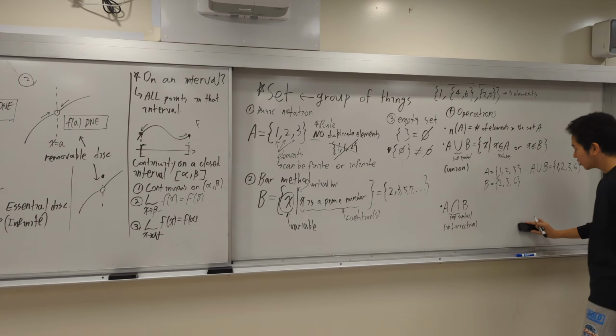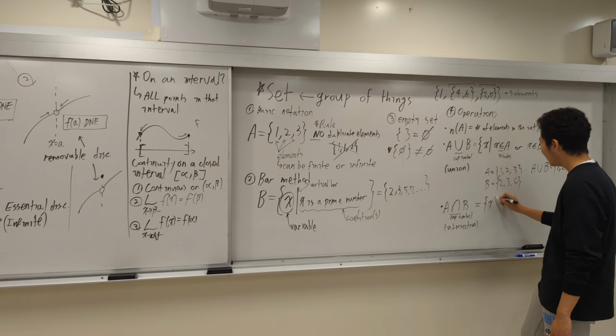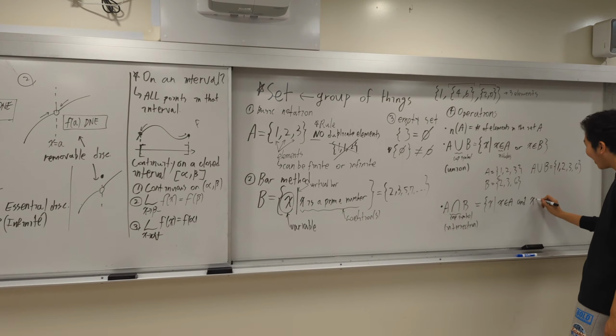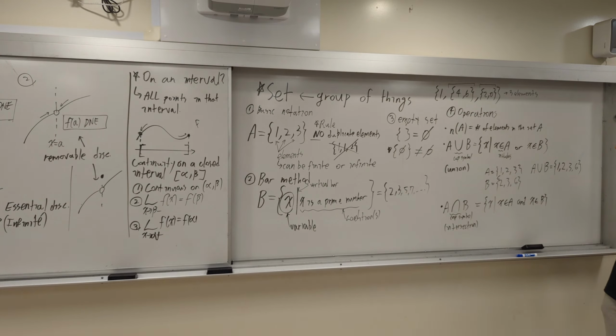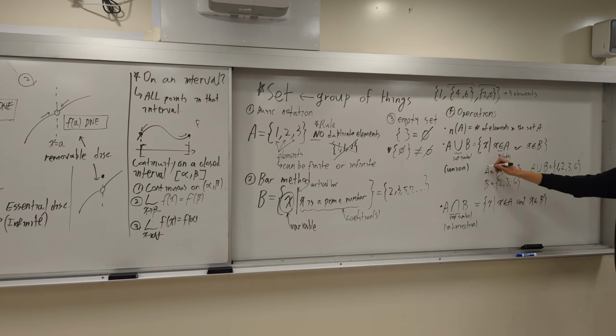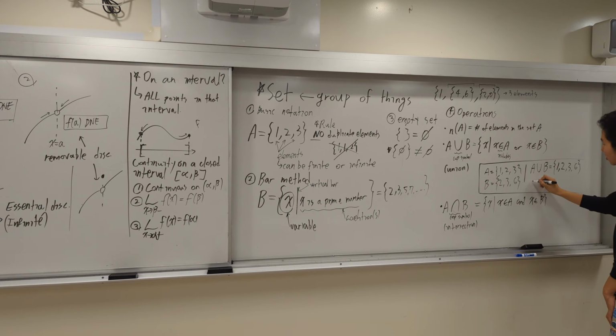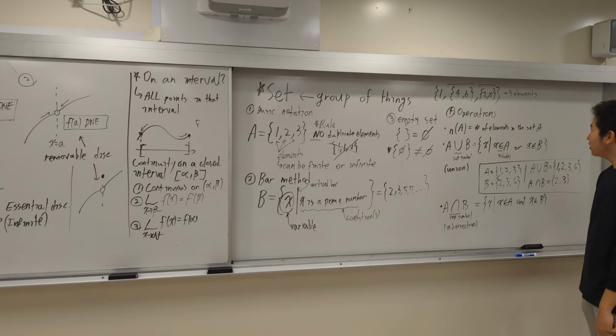So the intersection of A and B is defined as the set of all elements that are included in A, and also have to be included in B. Okay? So in this example, what would be the intersection of A and B? 2 and 3. They're both in A and they're both in B. So that would be the intersection of A and B.